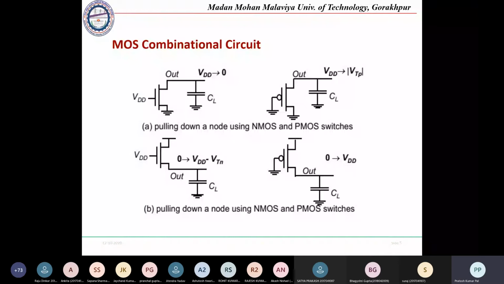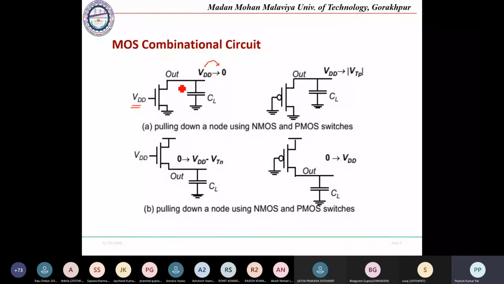So high is VDD, and high will be applied to the input, and whatever NMOS transistor is, it will be turned on, and then output voltage will be connected to the ground. So if high, it will be switching to 0. Okay, so it will be switching from VDD to 0 in case of NMOS transistor.